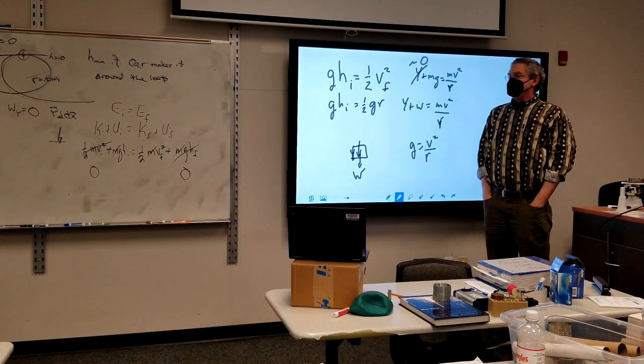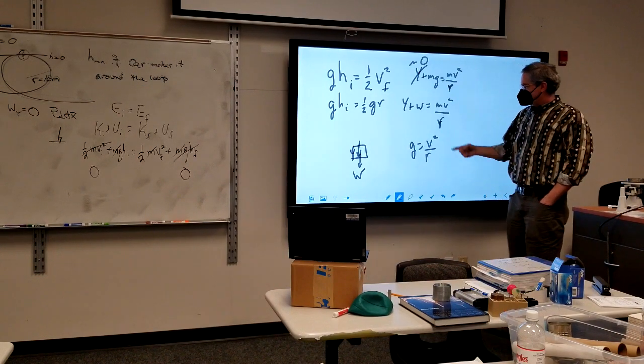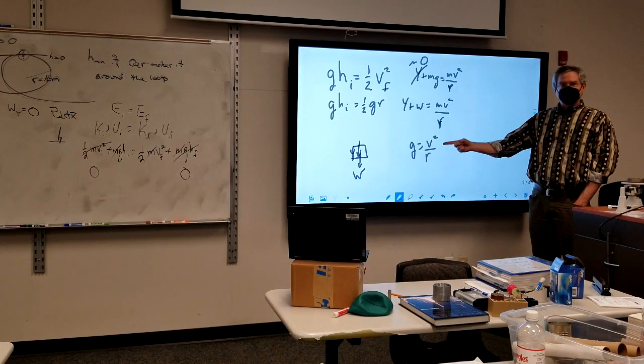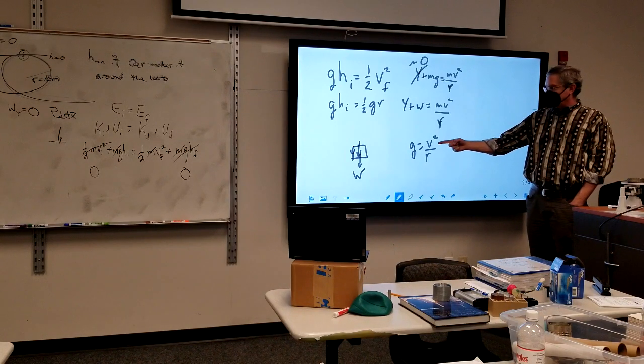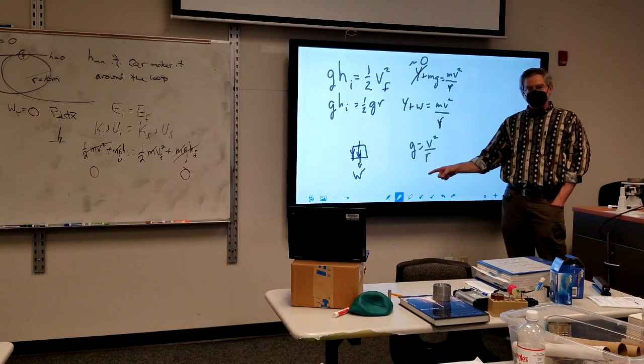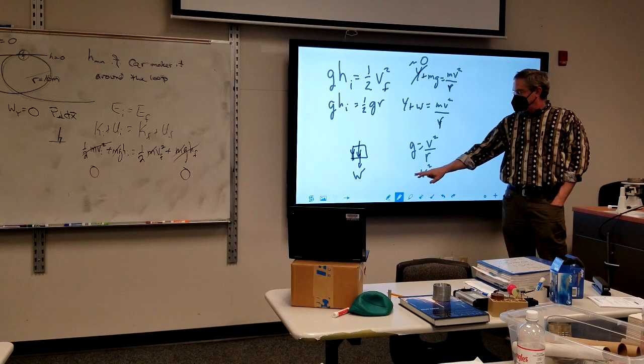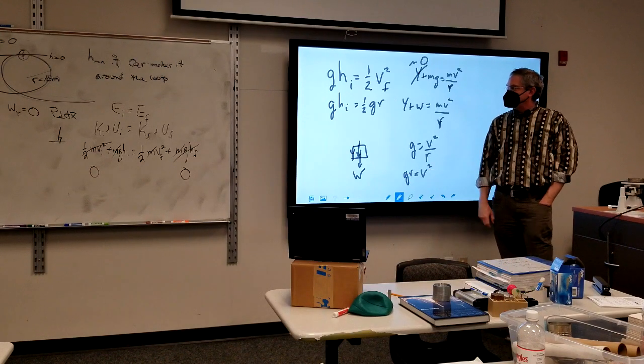And v equals the square root of gR, because you have to square root it. No, because from this equation right here, I have v squared is equal to gR. So the initial height is 5 meters.